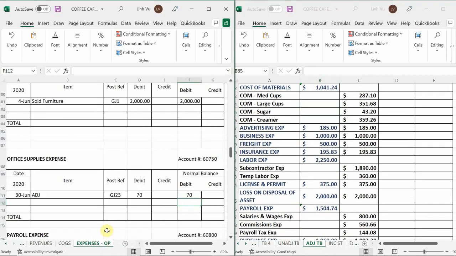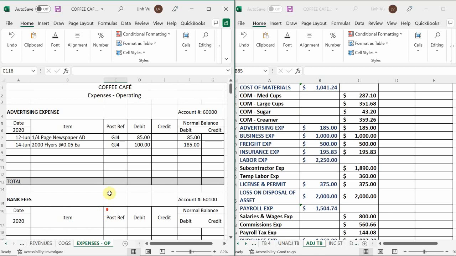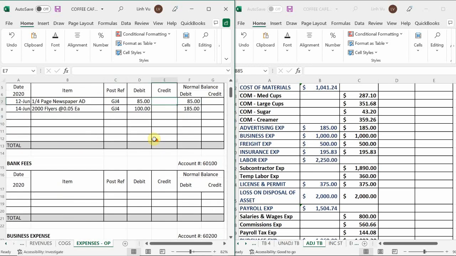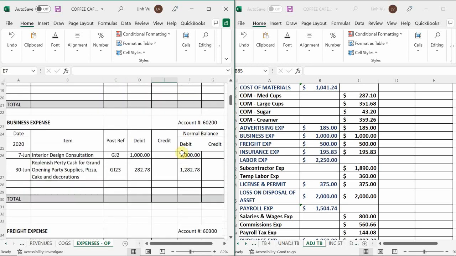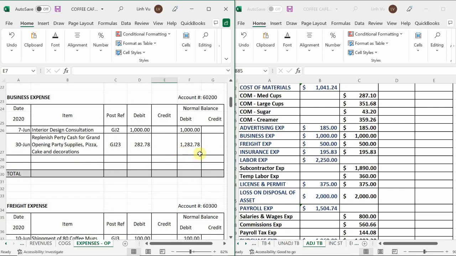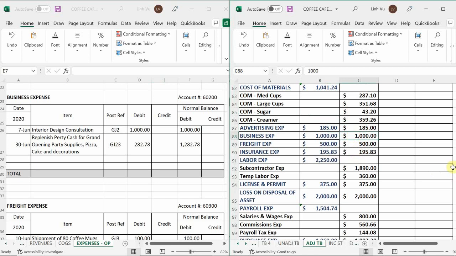So last but not least, we need to go through every single expense here. So starting with advertising expense, it's still at $185. Okay. No bank fees yet. However, my business supplies or business expense has increased, right? Because we end up using that as our means for our petty cash, right?